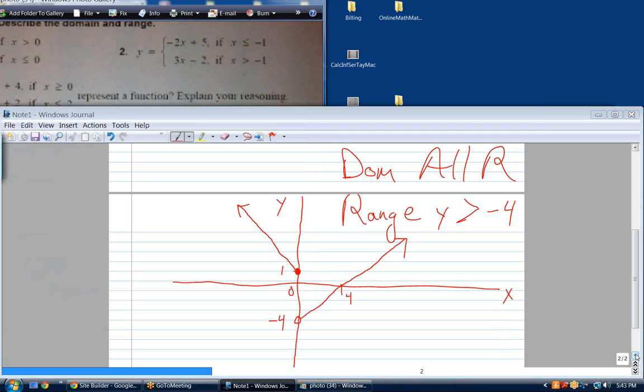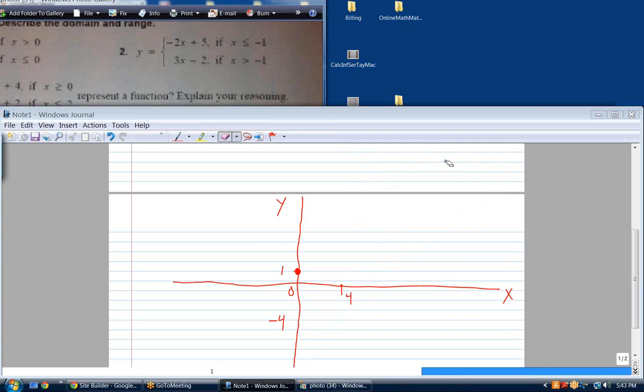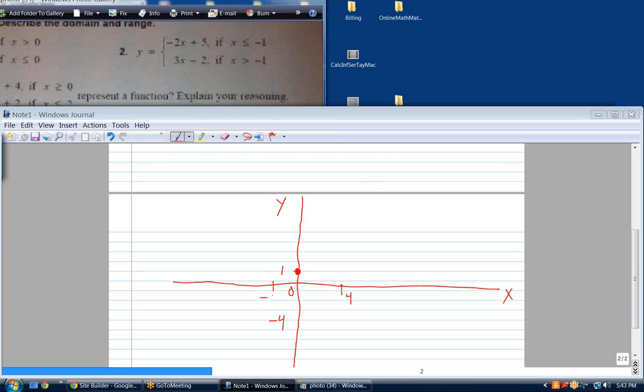So remember, the secret here is to merely graph it in pieces. But you have to know how to graph the pieces. Okay, so here, let me put negative 1 on there.